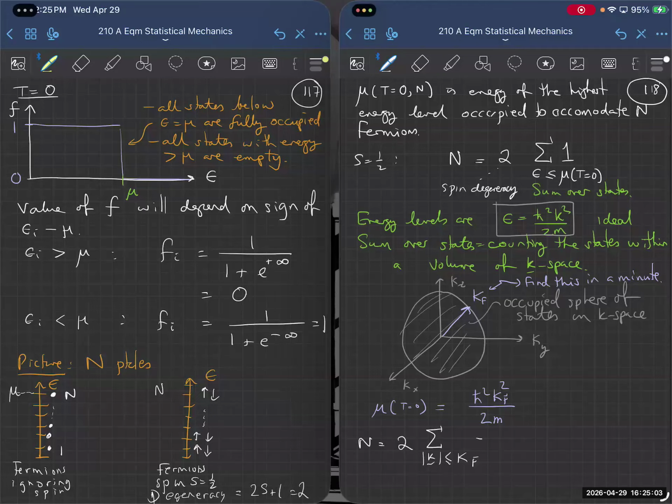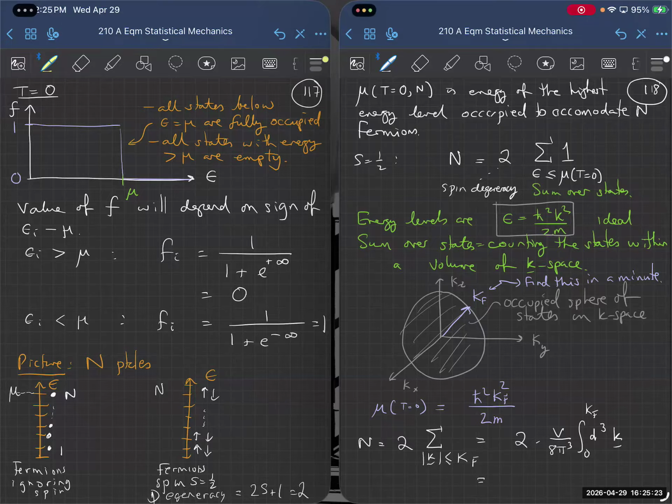That is equal to 2 times the density of states in K space, which is V over 8 pi cubed, times the integral from 0 to k_F over the volume of K space.